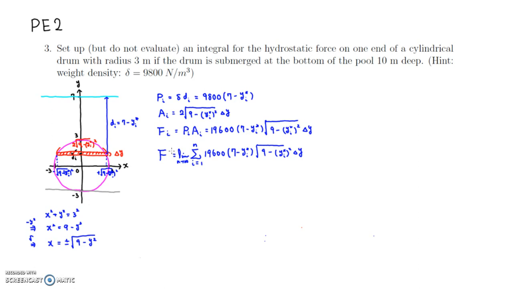Then we can turn this into an integral. The limit of the sum becomes an integral, and to cover the entire disk, we start from -3 and end at +3.